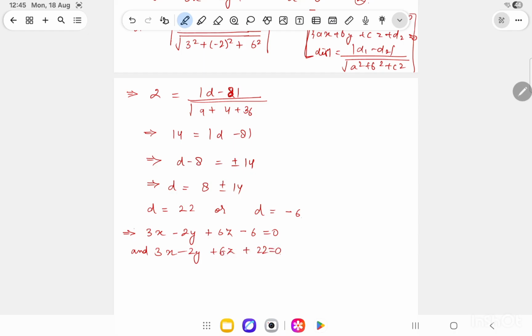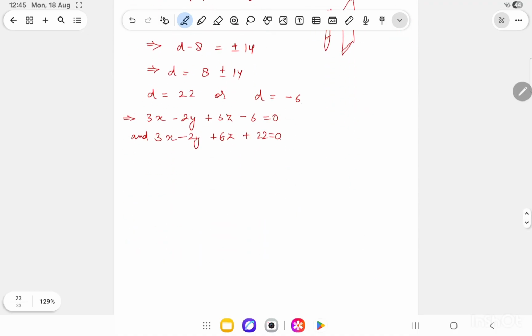We can also see that if this is my plane, then there can exist a plane on this side which is 2 units away from it, and a plane on the other side which is also 2 units away from the given plane. So we have two planes parallel to the given plane.